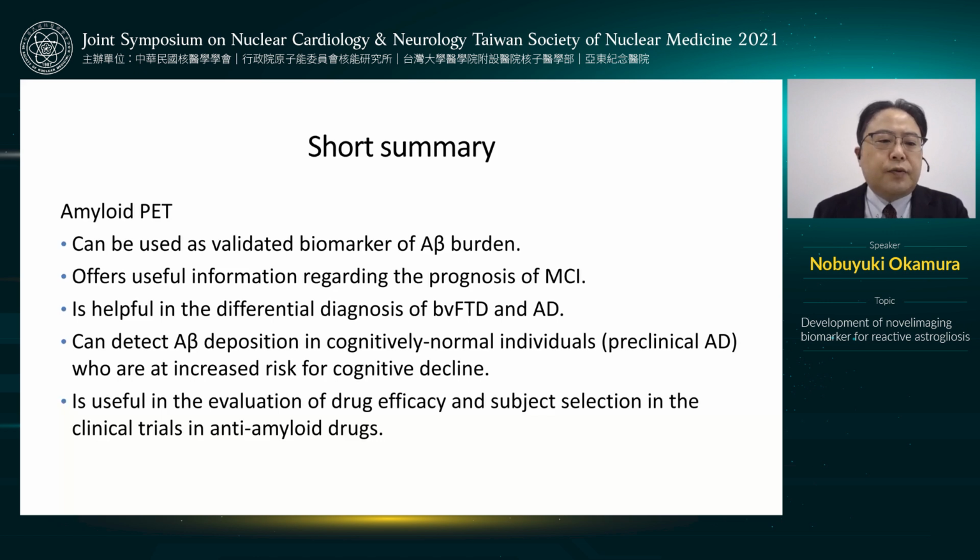Amyloid PET is helpful in the differential diagnosis of behavioral variant FTD and AD, and can detect A-beta depositions in cognitively normal individuals who are at increasing risk for cognitive decline. And amyloid PET is useful in the evaluation of drug efficacy and subject selection in the clinical trials of anti-A-beta drugs.